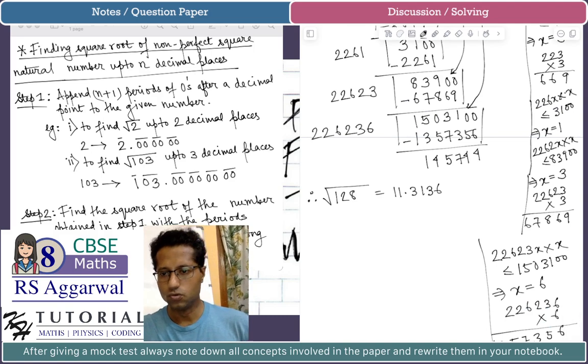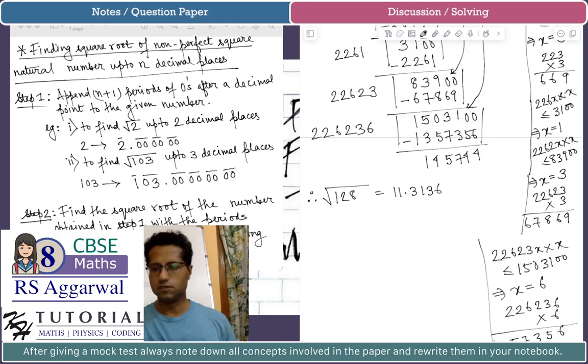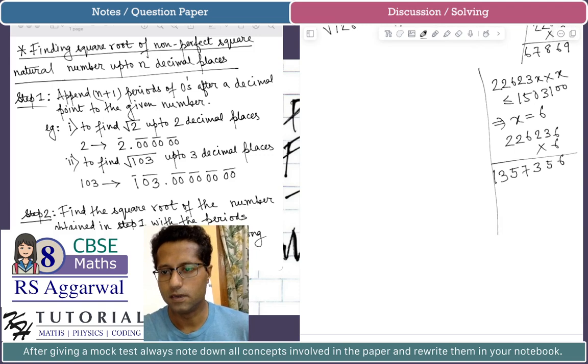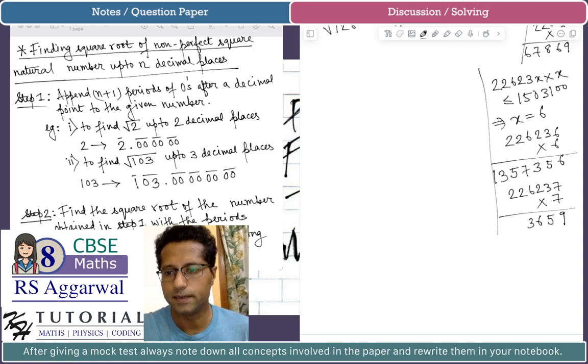Over here, 22623x multiplied by x less than or equal to 1503100. Maybe x should have been 7. So let's see what 226237 multiplied by 7 is. 49, 21, 25, 14, 16, 42, 43, 14, 18.